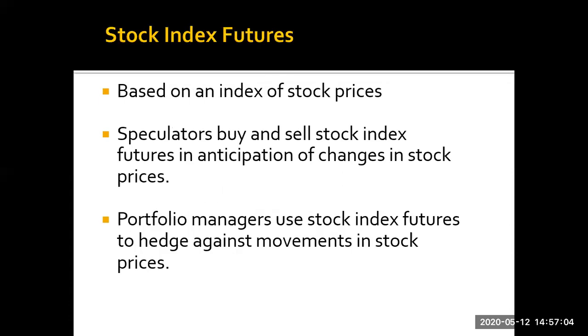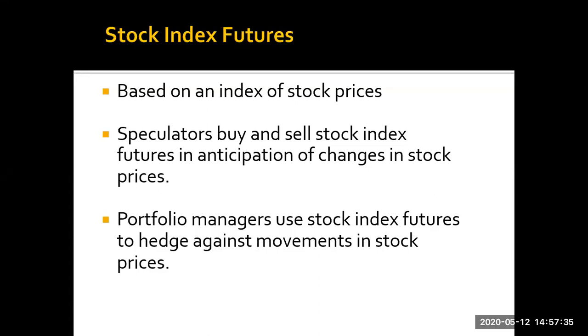So those are commodity futures. Another very common kind of future that's sold, and you might have actually seen these futures, or at least seen the prices of them online, are stock index futures. These speculators also buy and sell stock index futures in anticipation of changes in stock prices. So we talked about some of the most famous indices, like the Dow Jones. Dow Jones Industrial Average is by far the most famous one.